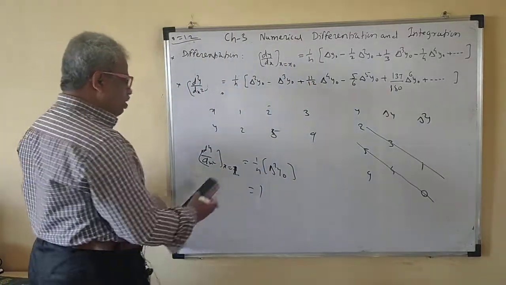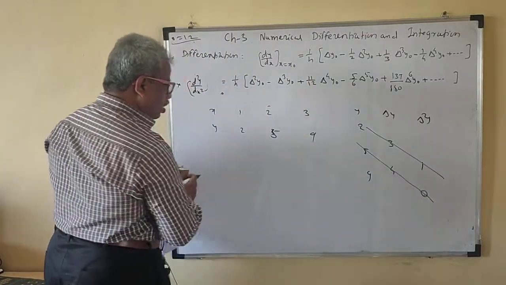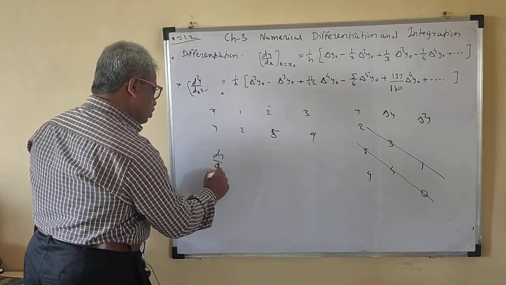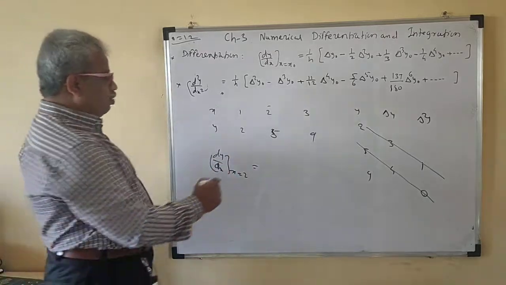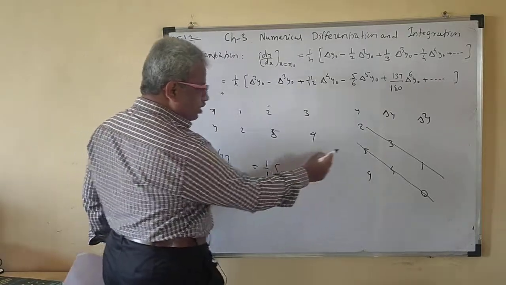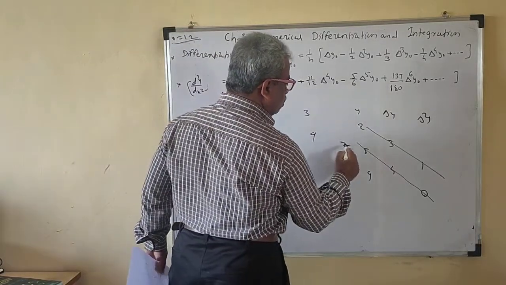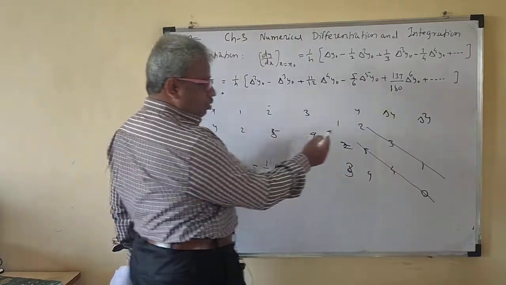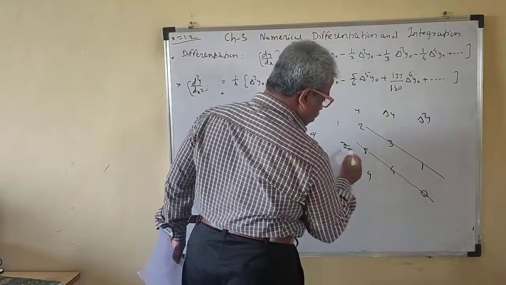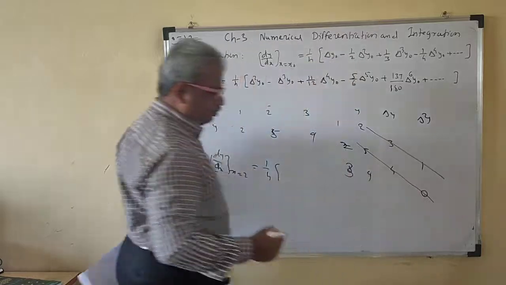But you can find dy by dx at x is equal to 2 now. 1 by h. At x is equal to 2, this is 2, this is 1, this is 3. You have to write all these values.